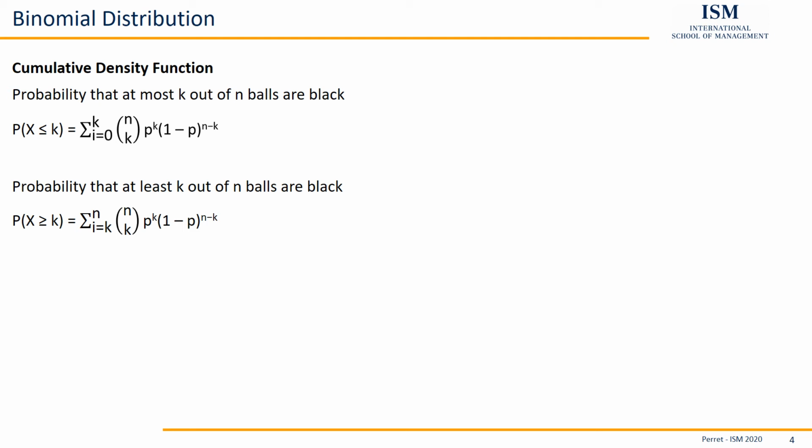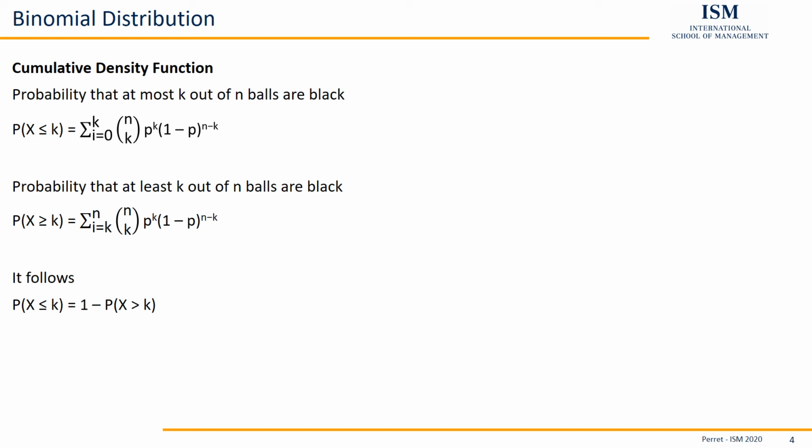Well, this could be quite a lot of work, and there's an easy way to shorten this down. There are some easy ways, but there's one I want to mention here. If I just recall that the maximum probability is 1, and the opposite of lesser or equal to is greater than, I can rewrite lesser or equal to k as 1 minus the probability of x larger than k.